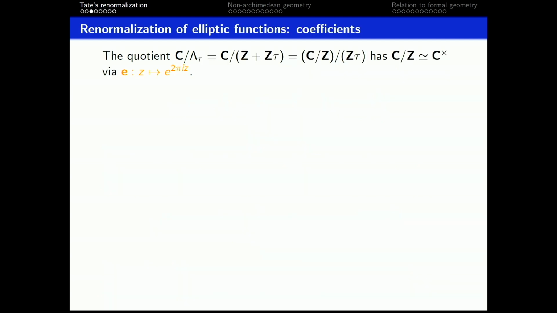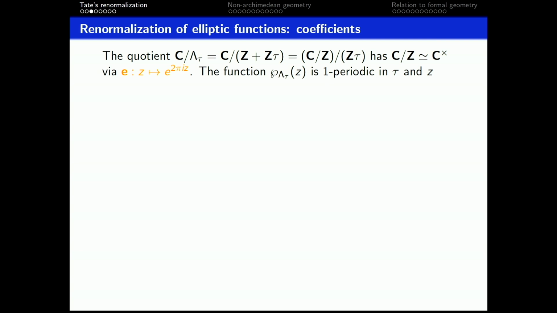So this quotient classically was thought of as modding out by the entire lattice at once, but taking a clue from what Tate is going to do, we could first quotient by the period 1 and then quotient by the period tau, the point being that this first step, C mod Z, can be identified with C star using the number theorist's normalization of the exponential function.